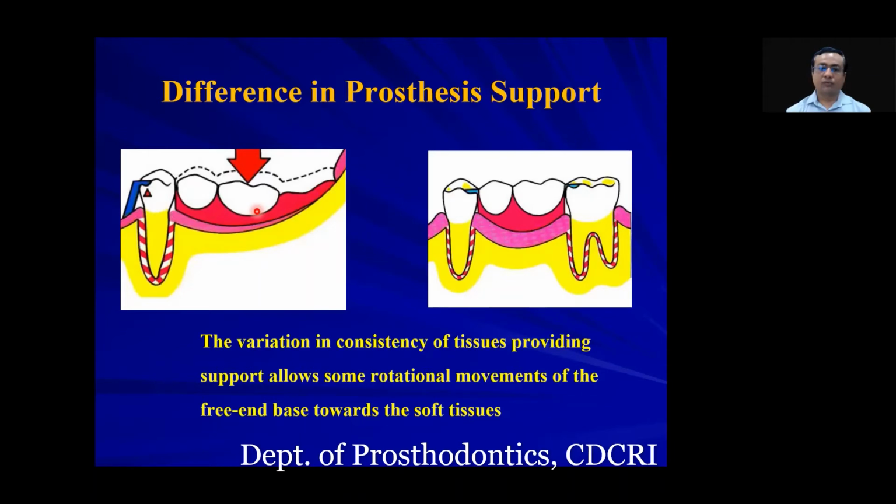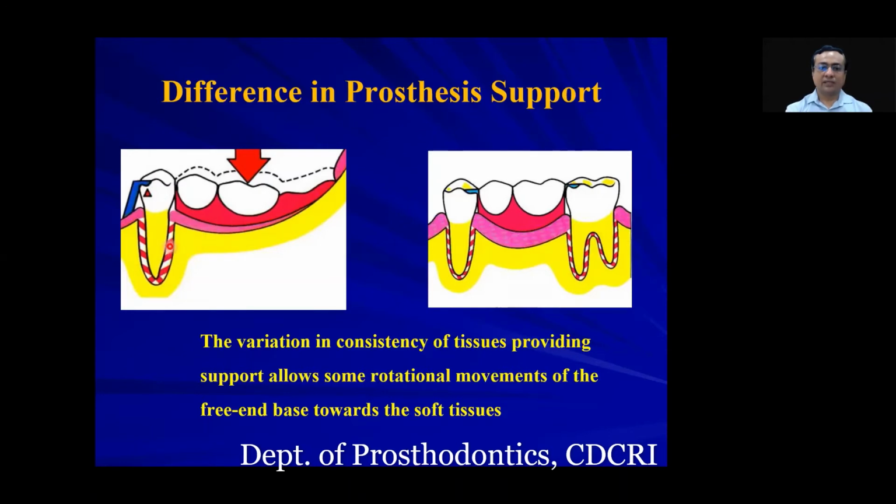Another problem with the distal extension denture base is the difference in the consistency of the distal extension tissue and the periodontal ligament. So what happens under occlusal load? The tissues over the bone, over the distal extension, are compressed more than the periodontal ligament.